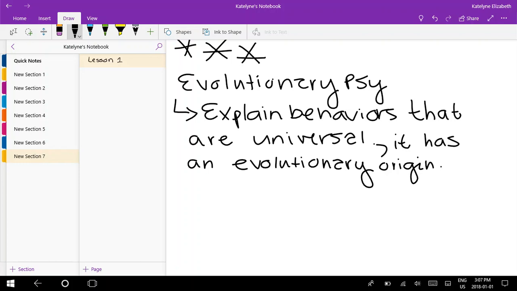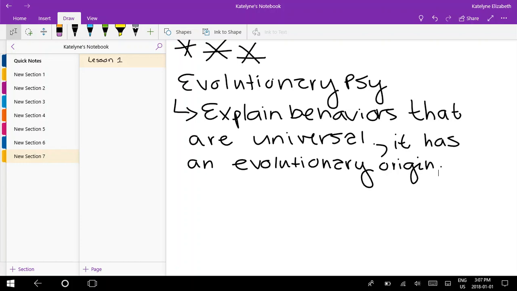And adaptation is needed for survival as well, because in environments where the species is able to adapt to a certain climate, the better off it will be to pass on its genes. And the most dominant traits that are found will be the ones that are more easily passed on.